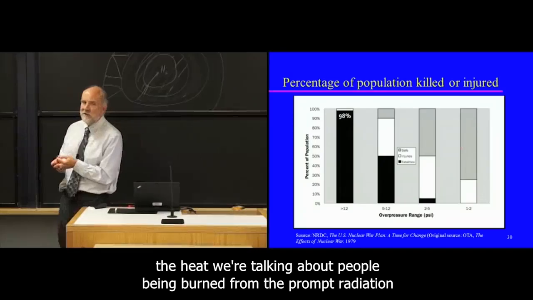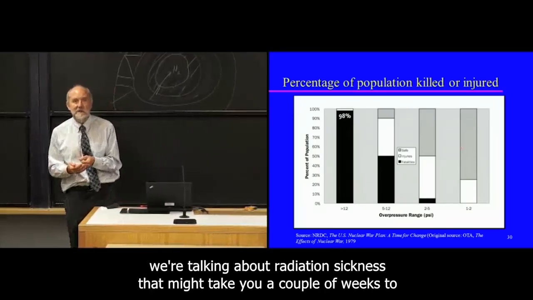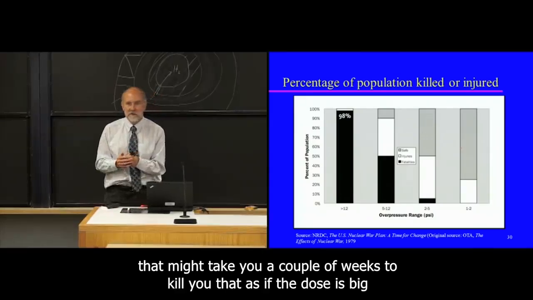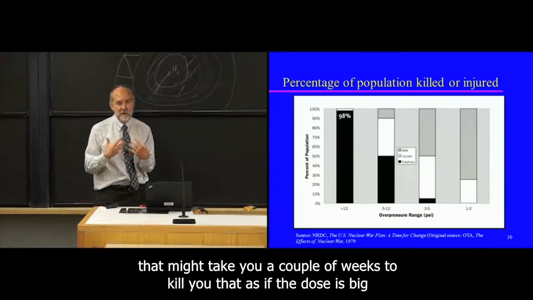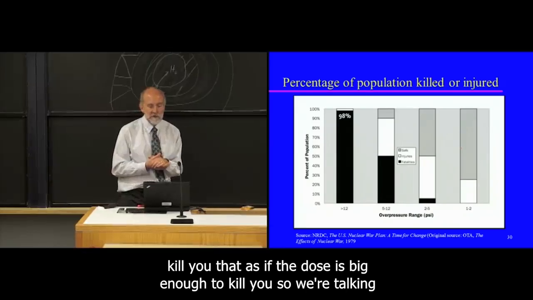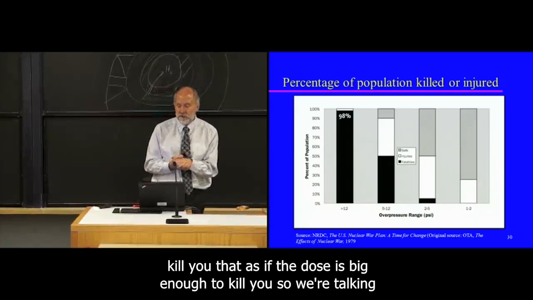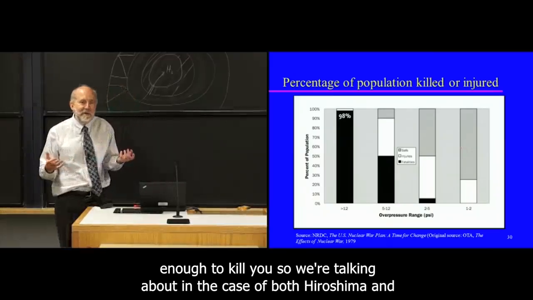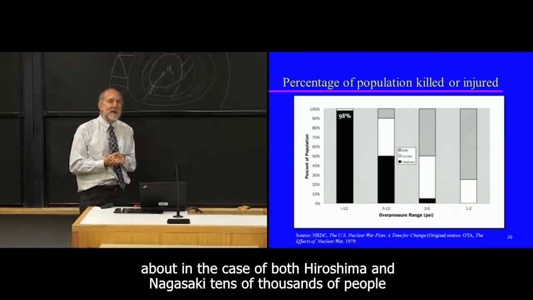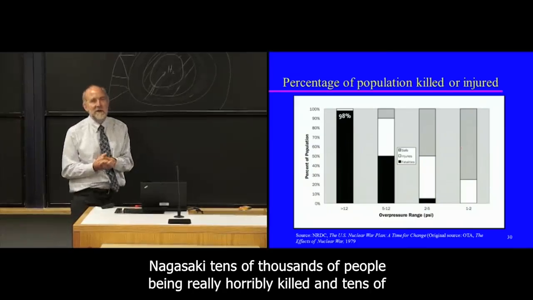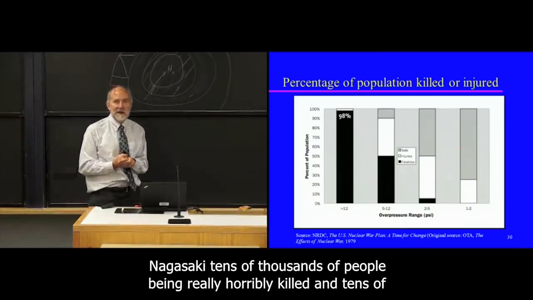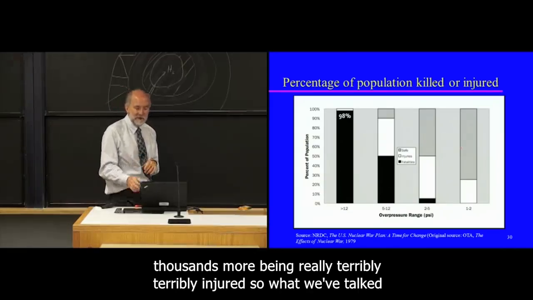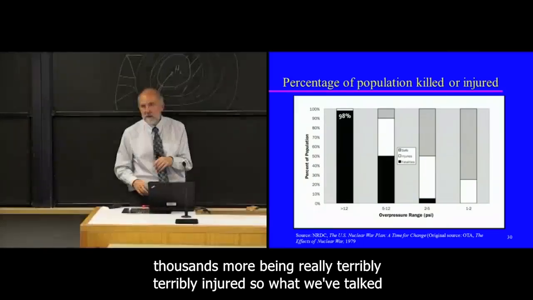From the prompt radiation, we're talking about radiation sickness that might take you a couple of weeks to kill you, if the dose is big enough to kill you. So we're talking about, in the case of both Hiroshima and Nagasaki, tens of thousands of people being really horribly killed, and tens of thousands more being really terribly, terribly injured.